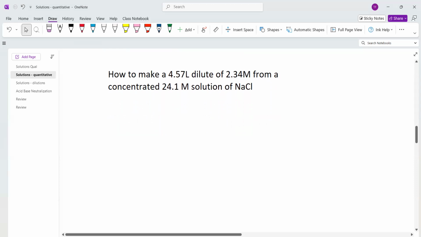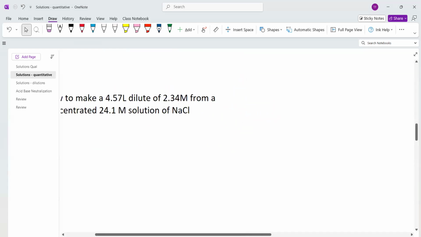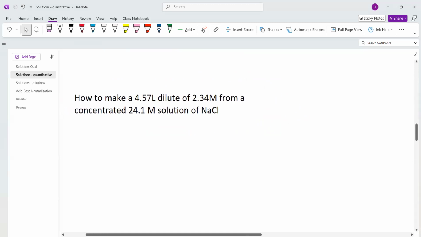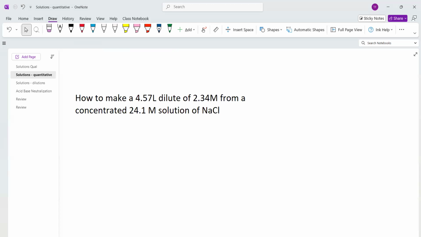Now the next type of problem I want to talk about is where we start with a concentrated solution as opposed to dry ingredients. This is the way chemical companies and schools buy acids particularly, as a concentrated liquid.